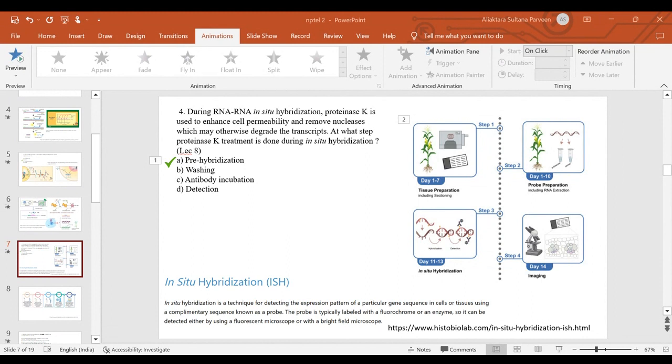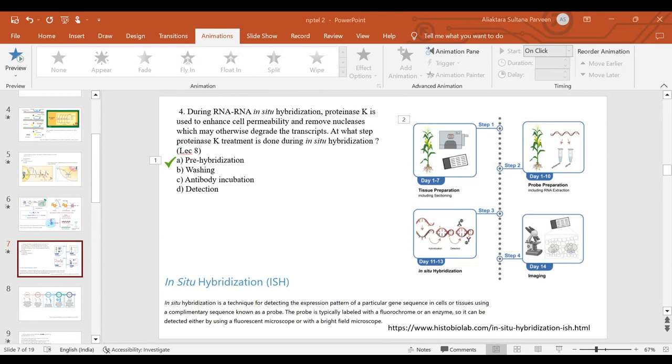So the idea is to know what RNA in situ hybridization is. The term in situ has to do with the in vivo condition. In real-time PCR, you take the whole tissue and see whether the transcript is present or not, so it's a yes or no question.